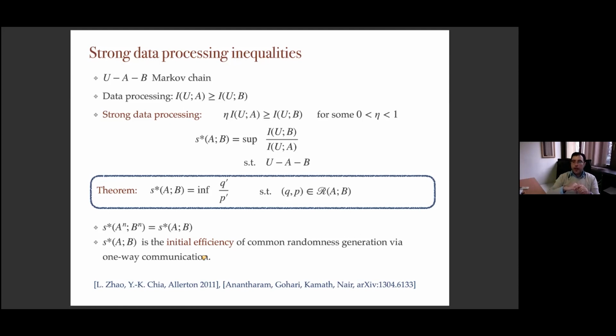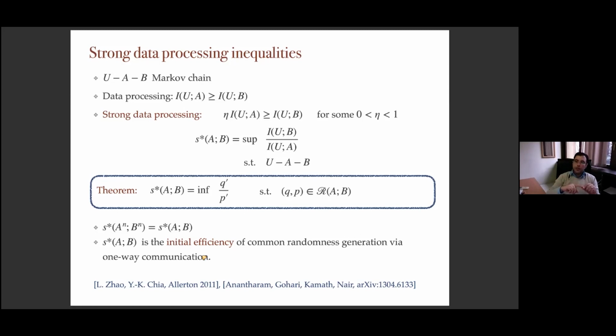The rate region of this problem would be a set of pairs: a rate for communication and a rate for the generation of shared randomness. If I let the rate of communication be 0, then the amount of shared randomness would also be 0. So in the space I have a curve: if you give me this amount of communication, I get this amount of shared randomness, and so on.